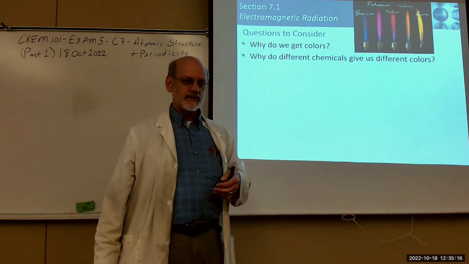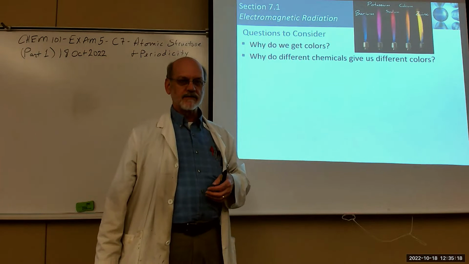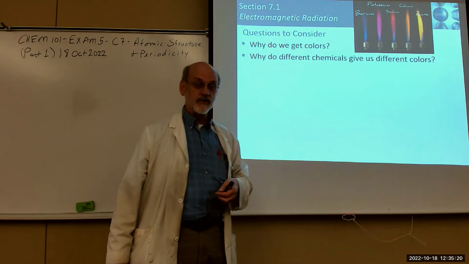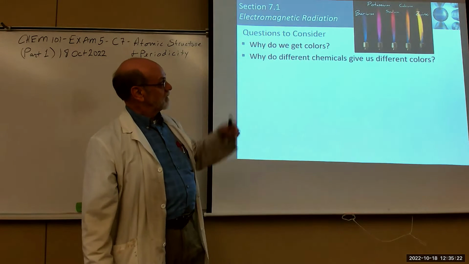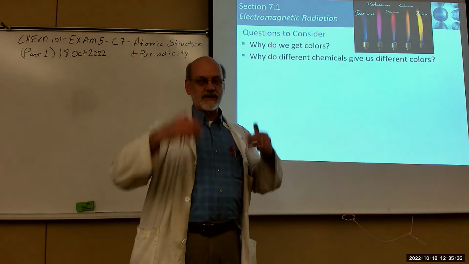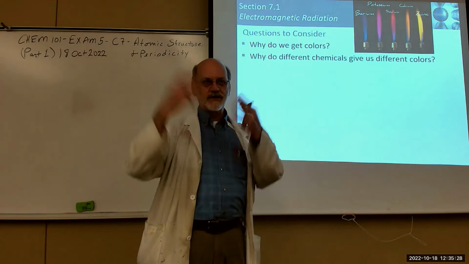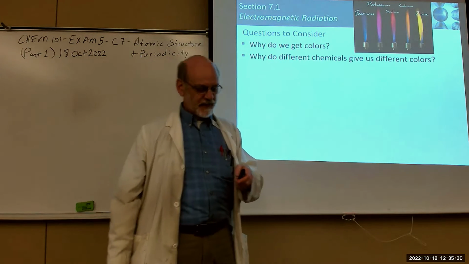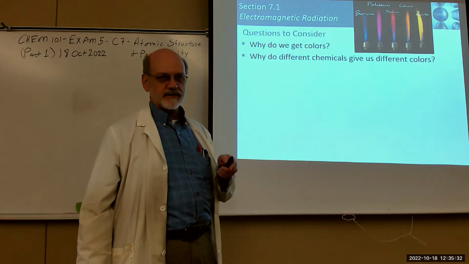We also used to use it for tours. We'd have school kids come through on tours, and we'd aspirate these different elements through them, and it's like fireworks. You get these bright, different colors. And one of their favorites was strontium because it was a hot pink.